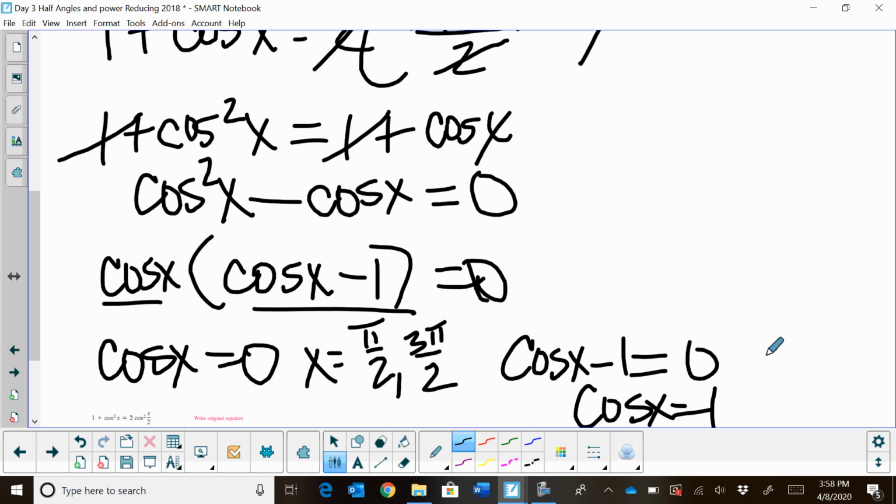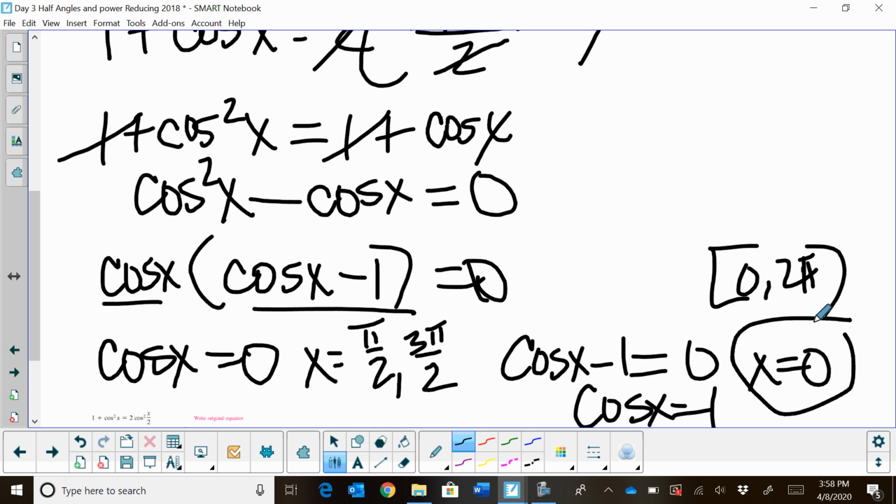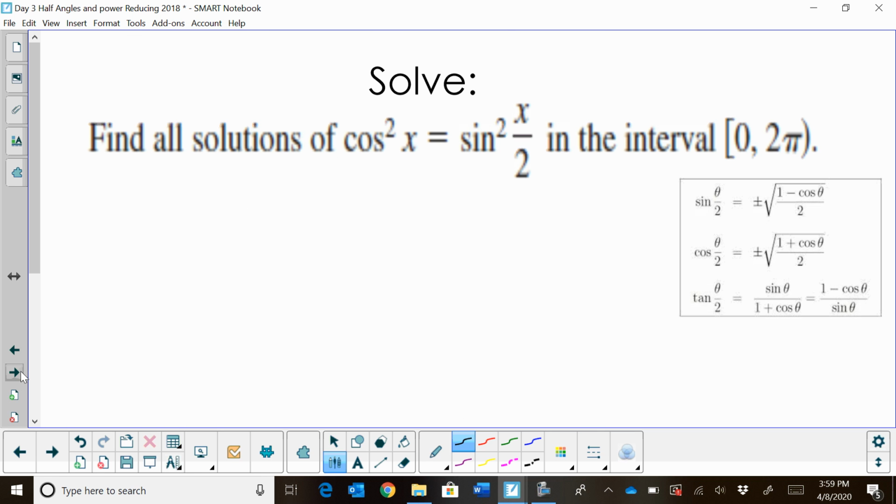And we know that that is where x is 0. You could say 2 pi, but we're just looking on the interval 0 to 2 pi, not including 2 pi. So it's just going to be 0. So this one has 3 solutions: pi halves, 3 pi halves, and x is 0. So that's how you solve the first one.